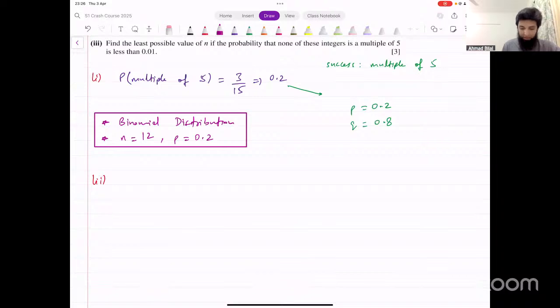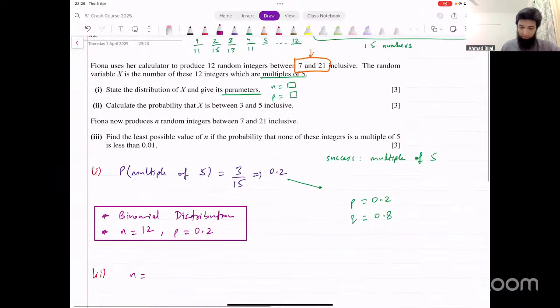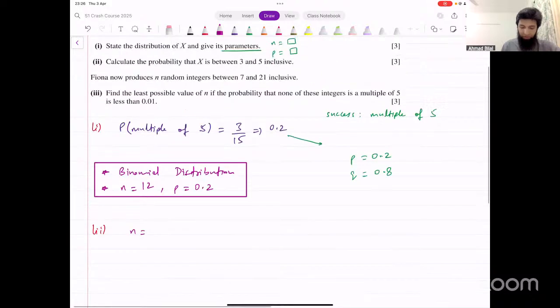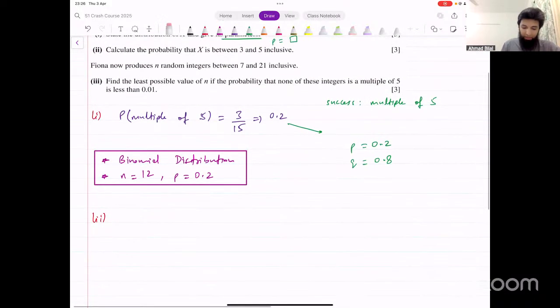So n is equal to 12. And this is the probability that we're looking for now. In the second part, they say, find the probability that x is between 3 and 5 inclusive. So we are looking for the probability that x is between 3 and 5. Do we have any formula in binomial distribution that gives us results for inequalities like this?